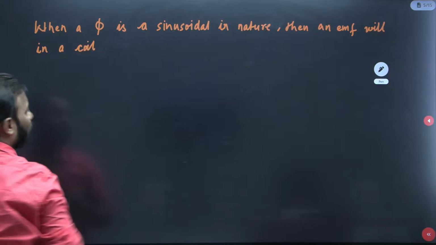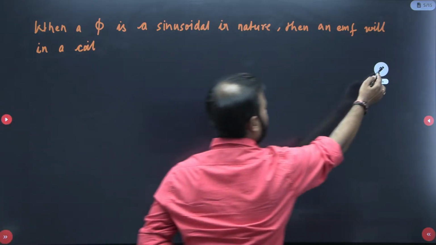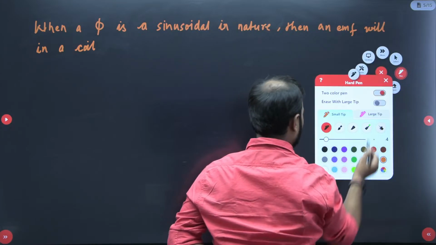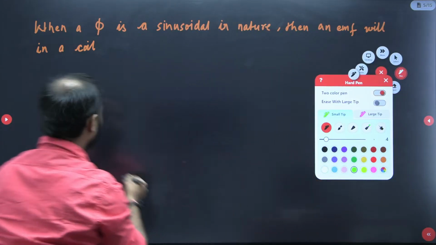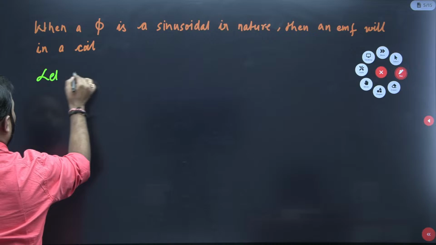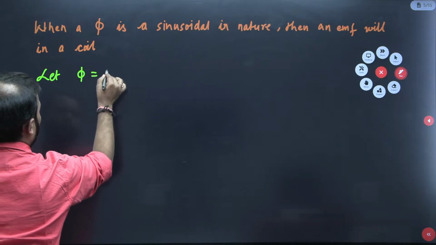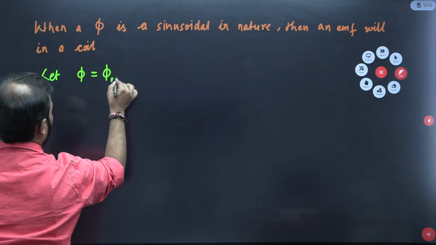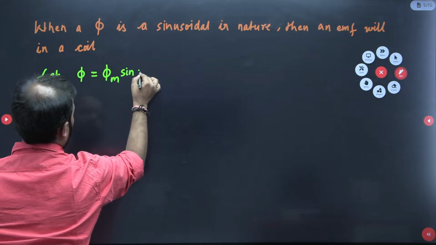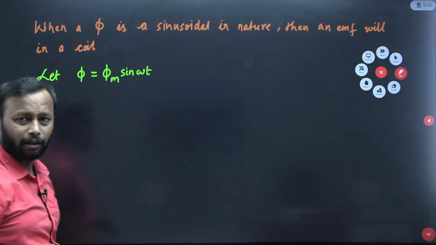So what do you mean by this? Let phi equal phi m sin omega t.